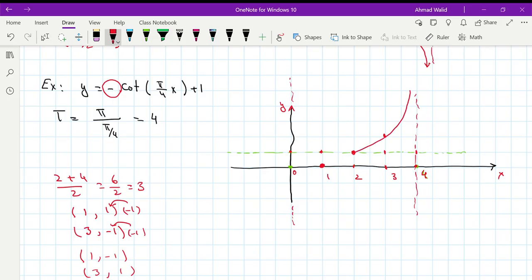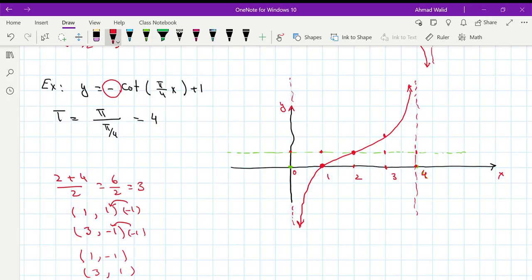It's horizontally stretched. And also you have the reflection because of this number which was negative. It flipped the graph. This is how you do the transformation for the graph of tangent and cotangent.